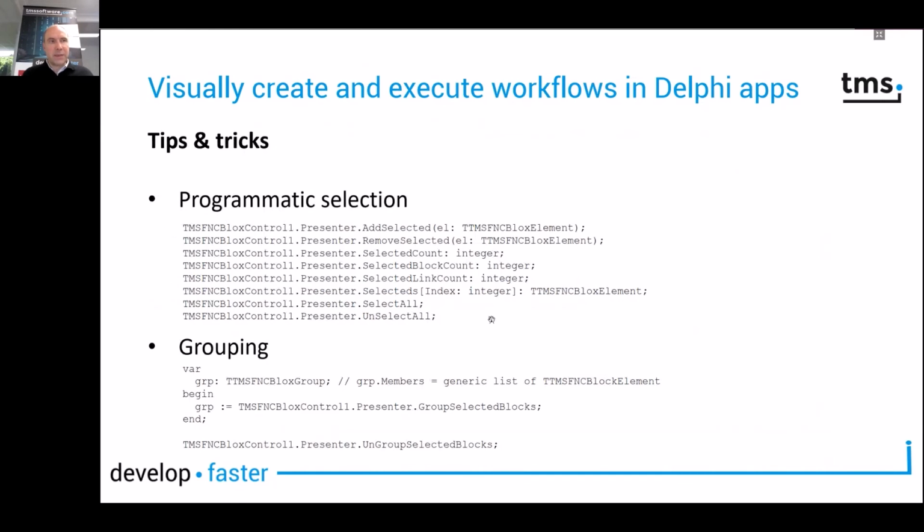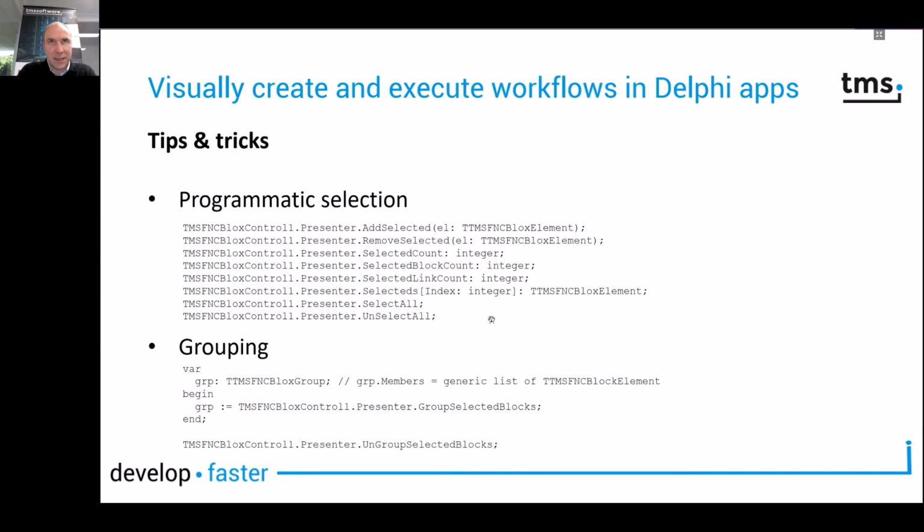Some final tips and tricks that I wanted to share during this webinar is further programmatic control. So programmatic control of selection is of course also possible within FNC Blocks, and you do this via the presenter. So we have on one side FNC BlocksControl.Blocks that contains all the elements and lines.